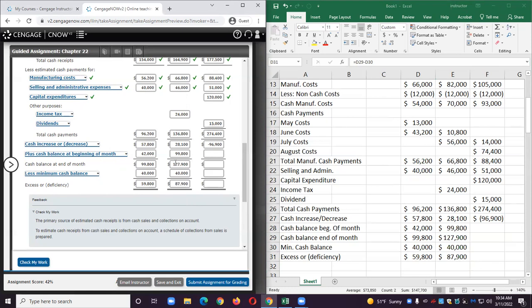Same process. I'm going to take my cash balance at the end of July and make that be my beginning balance at the beginning of August. And my cash balance at the end of that month is going to be $31,000.